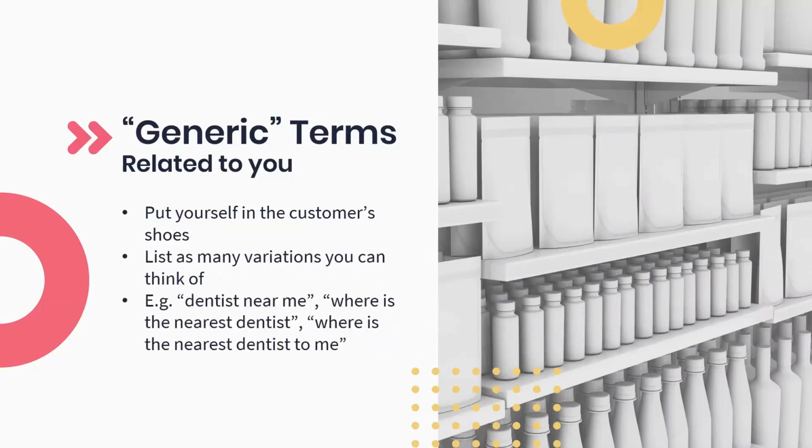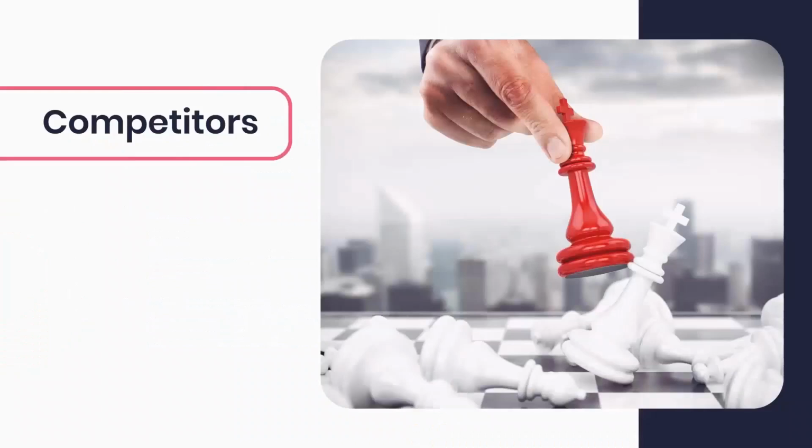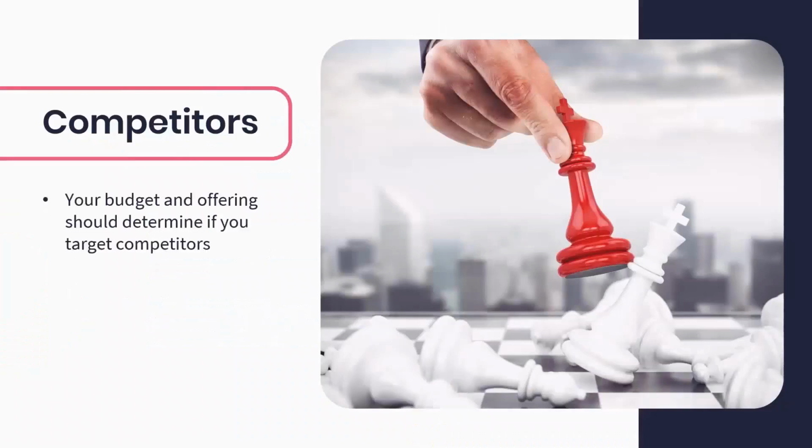As an example, if we look at dentist near me, then another variation of that is where is the nearest dentist, and another one is where is the nearest dentist to me. List those all out, as many as you can think of, and then put them in a separate document to keep for later.